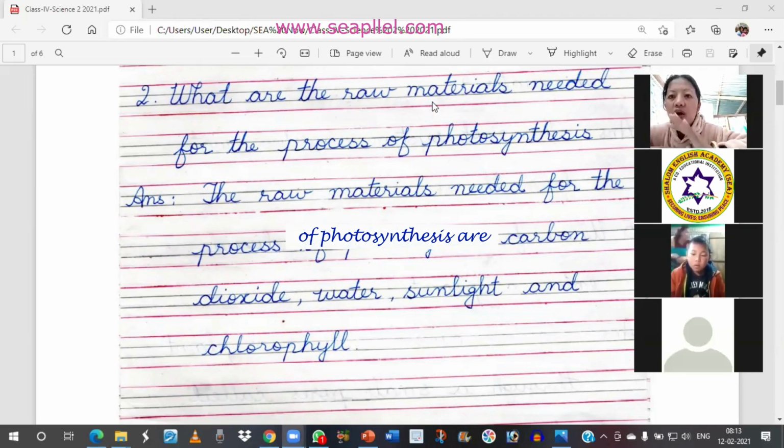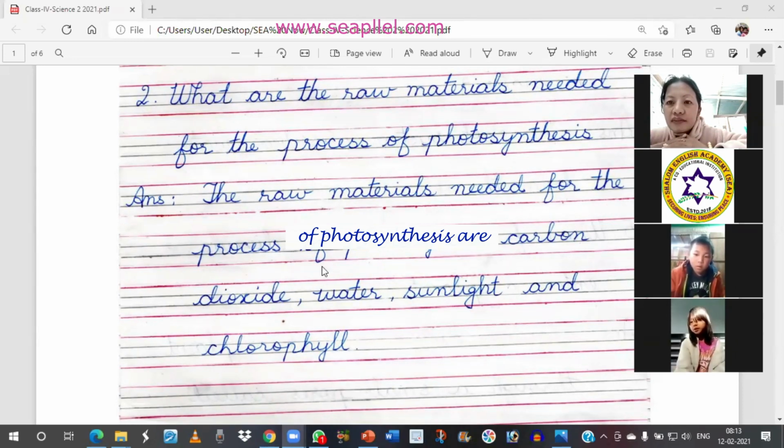Now, Genevieve, you read out. What are the raw materials needed for the process of photosynthesis?